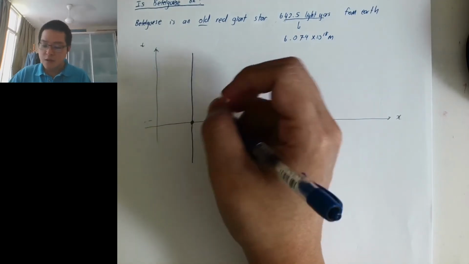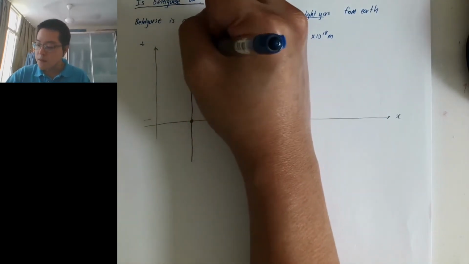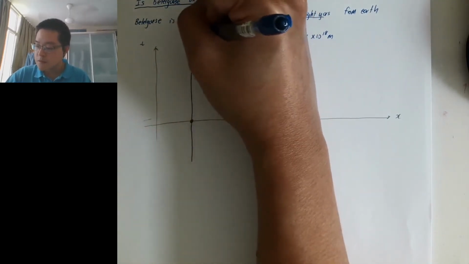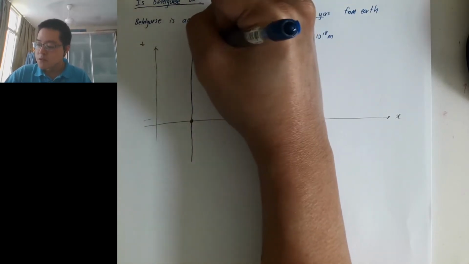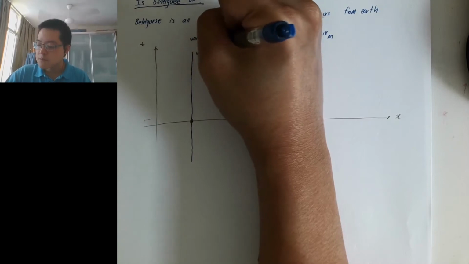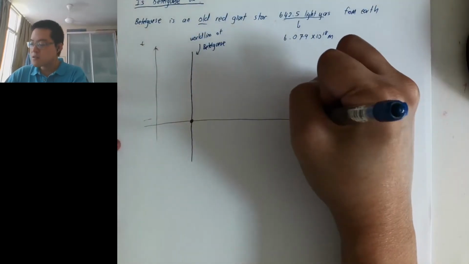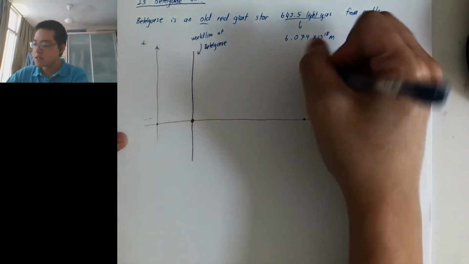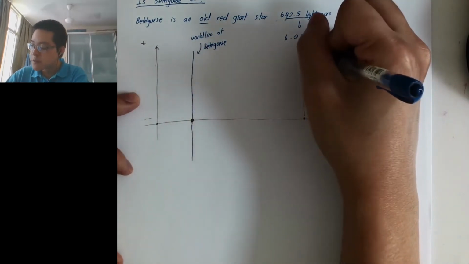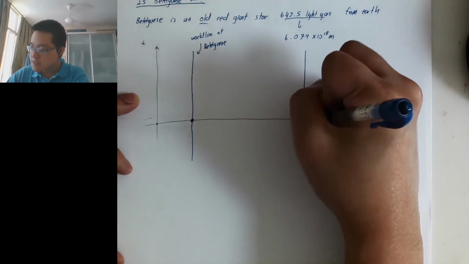So this is the world line of Betelgeuse. And Earth is also at more or less the same distance from the center of the galaxy all the time, so it's another straight line. So this is the world line of our solar system.